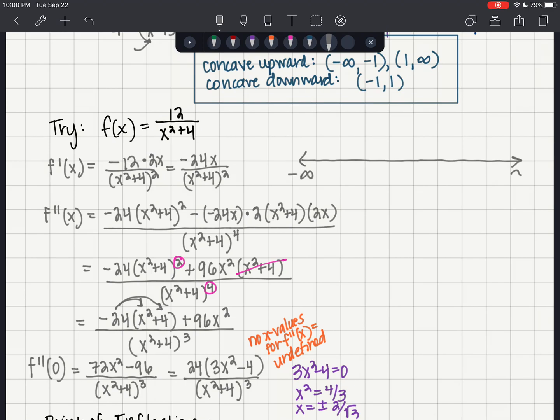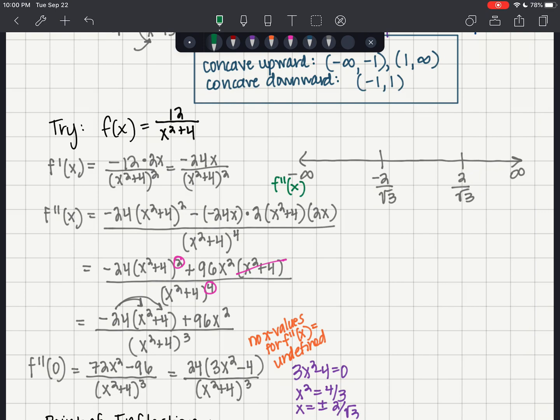So we've got this interval from negative infinity to positive infinity, because that's our original domain. And then we've got negative 2 over the square root of 3 and positive 2 over the square root of 3. That's a little bit more than negative 1 and a little bit more than positive 1. And we're going to check these into our second derivative.